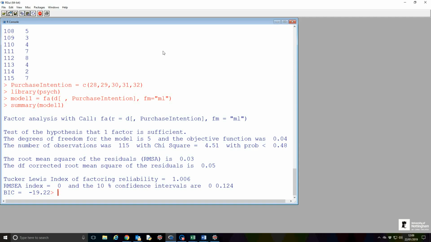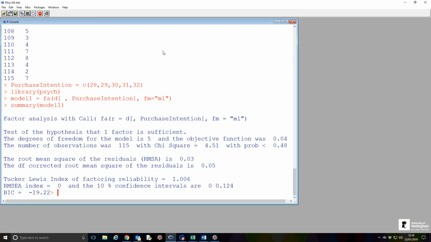So it has tested whether one factor is sufficient, and then it gives us the degrees of freedom for the model with the 5 factors, as well as the chi-square, which is another indication of how good the factor is, and the chi-square is significant, so we have enough observations to create the factor.